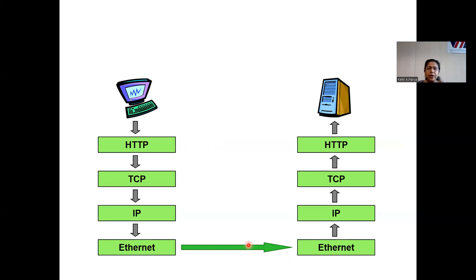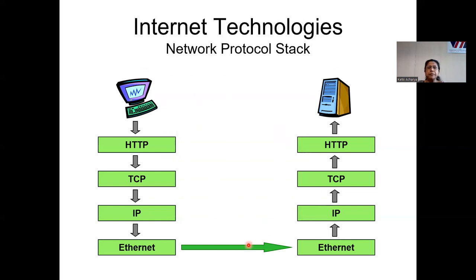Then you have Ethernet. So the client request is passed through this many stages. It goes to the server, then step by step gets converted into the respective format. Finally it locates that file and loads it into memory. That page can be JSP, ASP, PHP, gets converted to HTML and comes back to the client. So this is the Internet Technology Network Protocol stack.